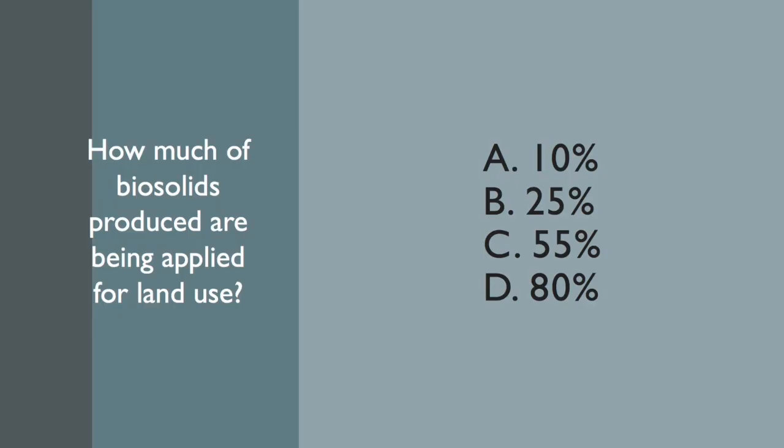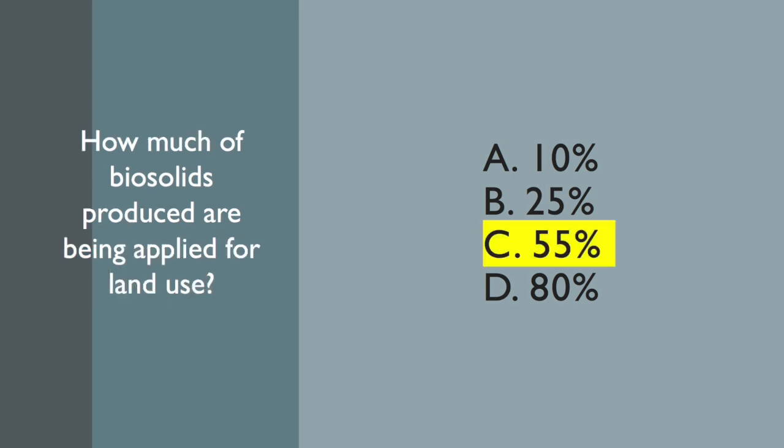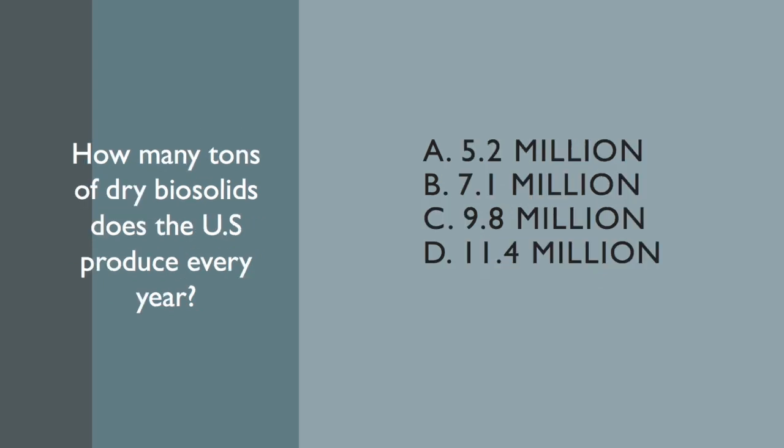For our 3 questions, the first is, how much of biosolids produced are being applied for land use in the U.S.? A, 10%, B, 25%, C, 55%, D, 80%. How many tons of dry biosolids does the U.S. produce every year?